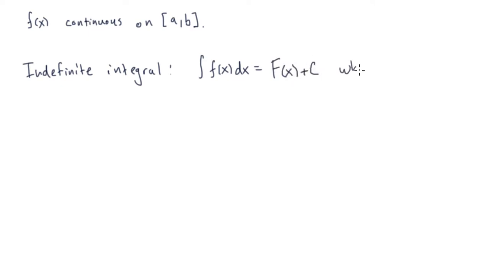And here, this capital F is an antiderivative of f. Okay, so that's the notion of an indefinite integral. Find an antiderivative plus c. It really has to do with derivatives.